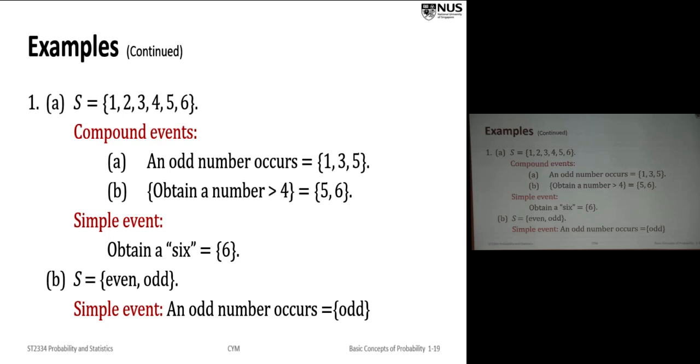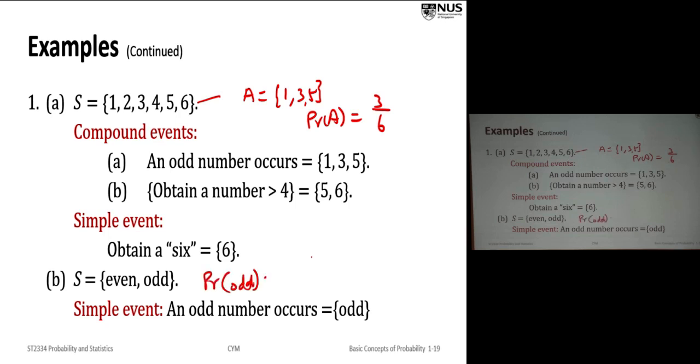So if I look at this as S and A as 1, 3, 5, the probability of getting an A is 3 over 6. While for this one, the probability of getting an odd number is 1/2. Consider that they are equally likely. All right?